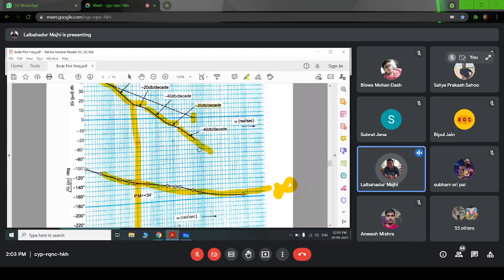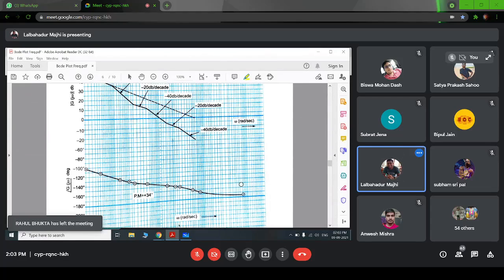So in this case we see that we have a gain crossover frequency but no phase crossover frequency, right? Because this phase plot is not intersecting the minus 180 degree axis, it may intersect at infinity, so the phase crossover frequency will be infinite.